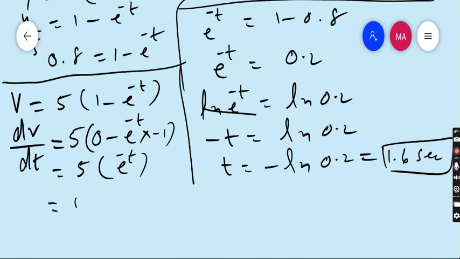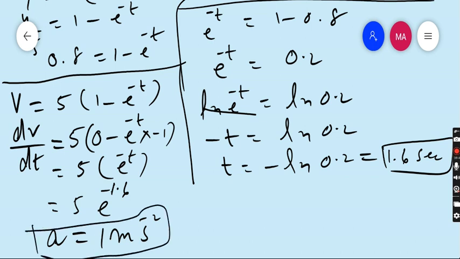So 5 e power minus t. T we have found is 1.6. Therefore our answer is 1.000, rounded off. So we have 1 meter per second squared. This is the answer of part C. Very easy.